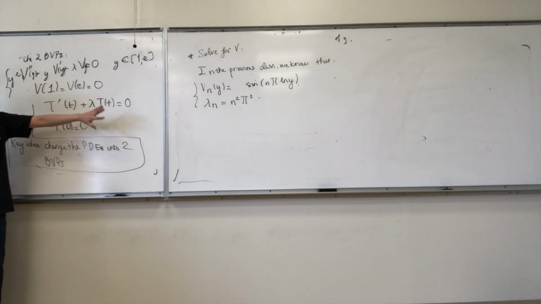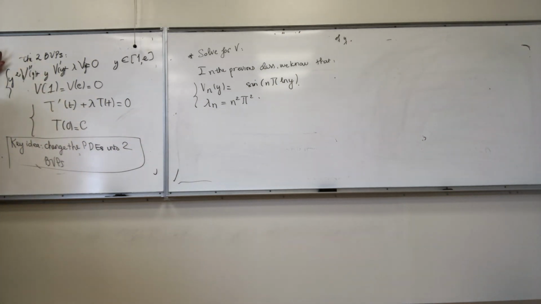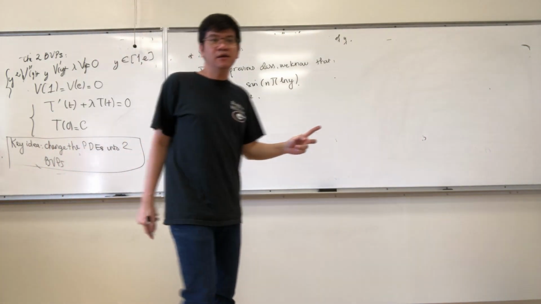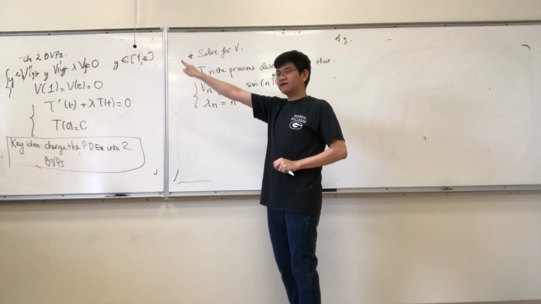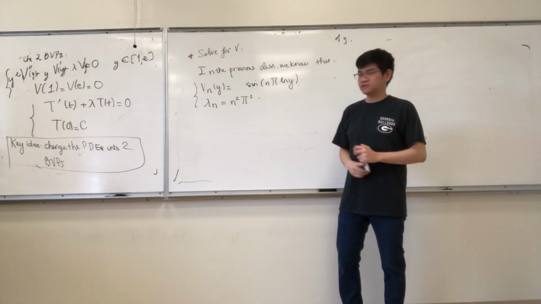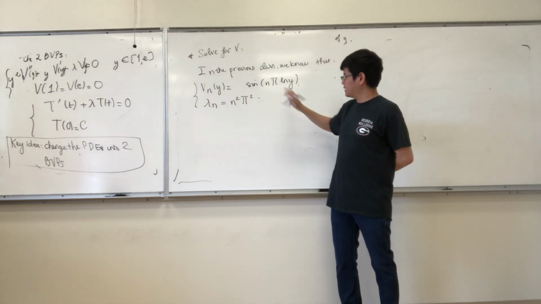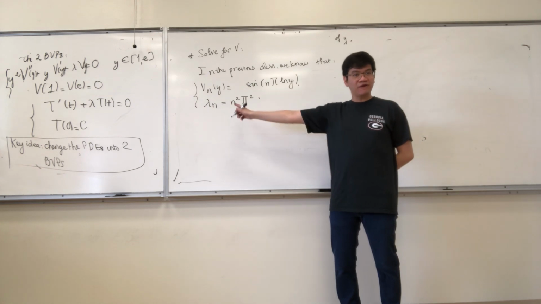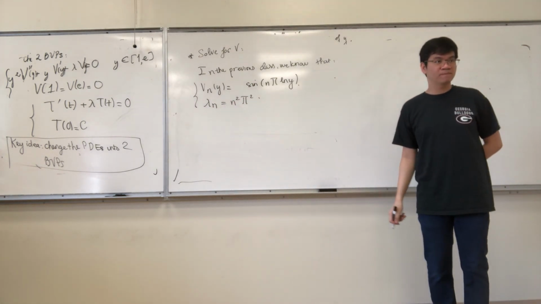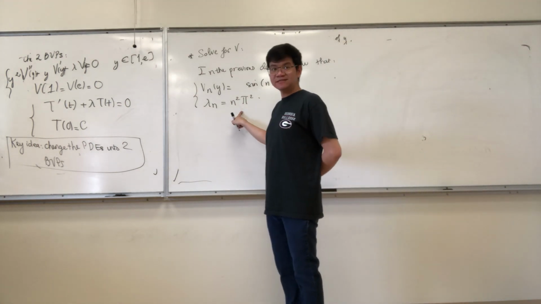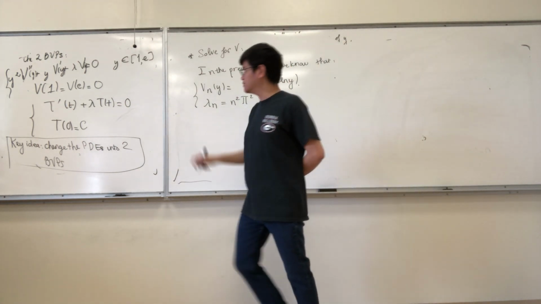So now you have to solve the first problem, but the first problem is already solved. The first problem is an eigenvalue problem, and in the previous class, you know that this eigenvalue problem has eigenfunctions of the form sine of n pi log y, and eigenvalues of the form n squared pi squared. So you want to plug this lambda n back into the second equation.